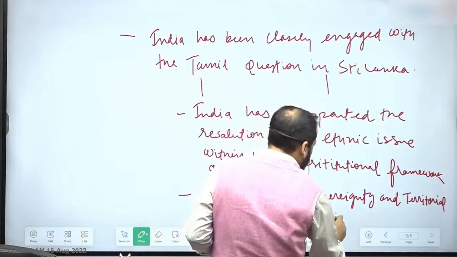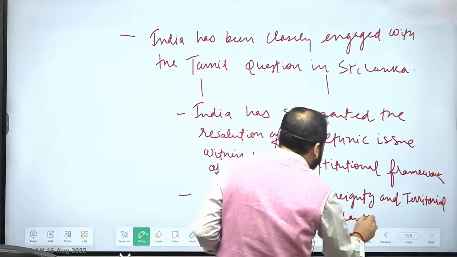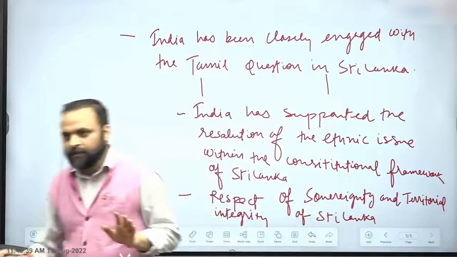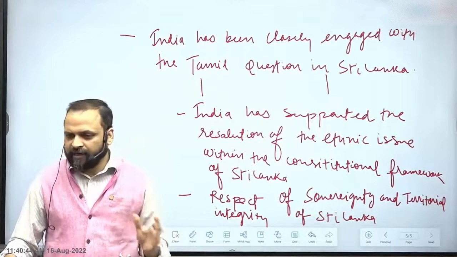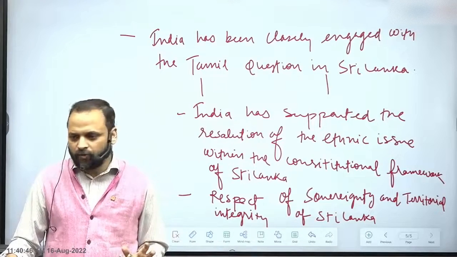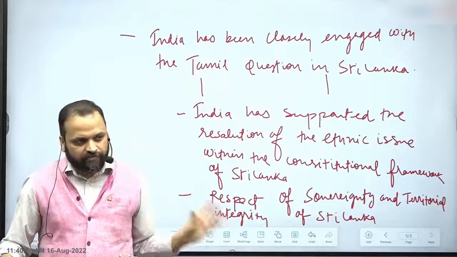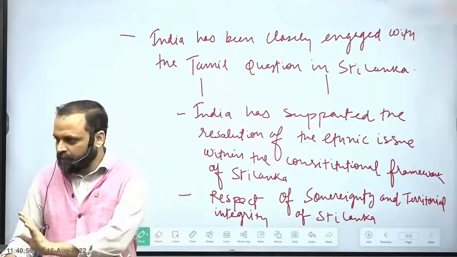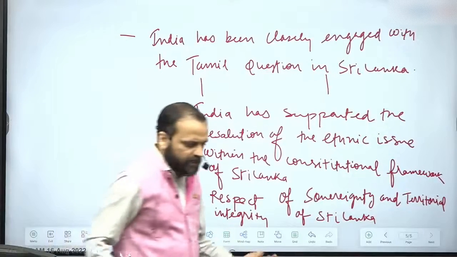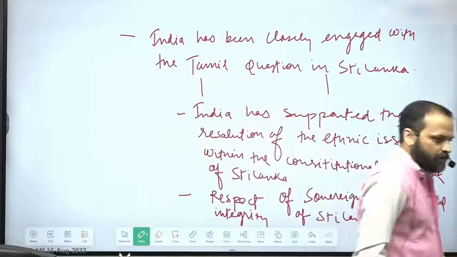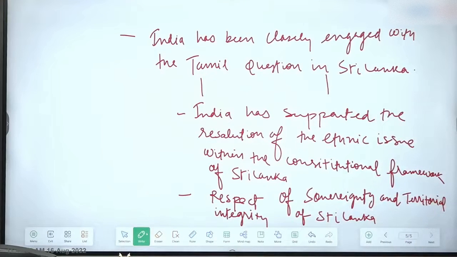That means any solution that involves a separate state is not supported by India. India supports that the Tamil issue should be sensitively dealt with, and it advises Sri Lanka to do so. India's preference is for the constitutional framework of Sri Lanka, and any solution which goes against the sovereignty and territorial integrity of Sri Lanka is not acceptable to India. That is something that India has not supported.